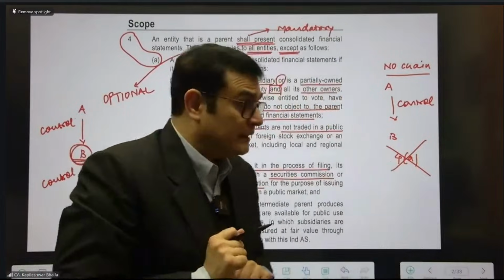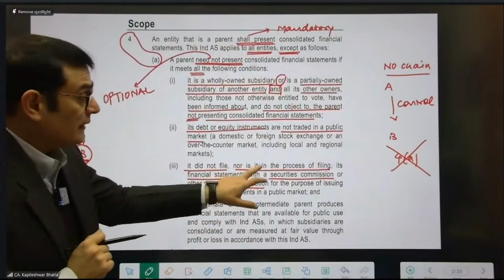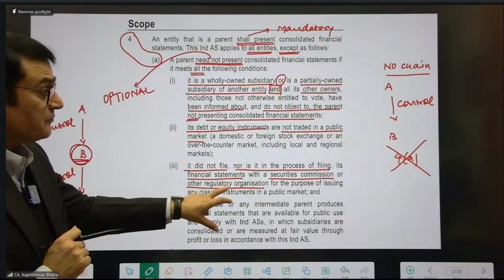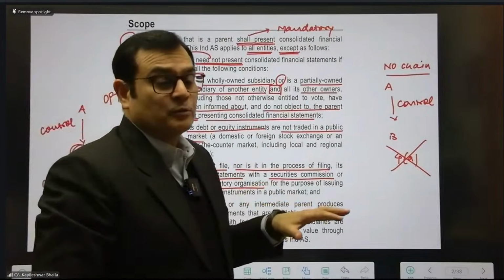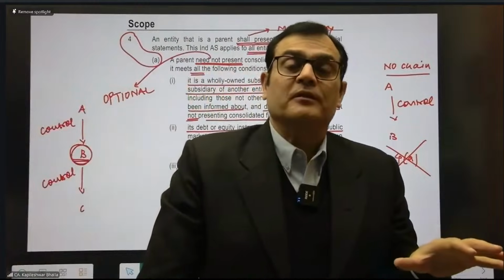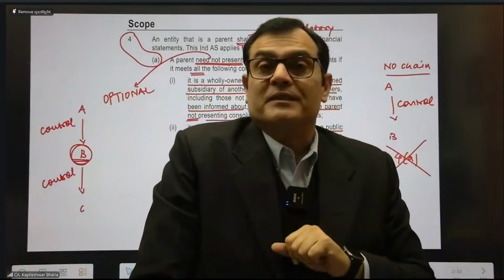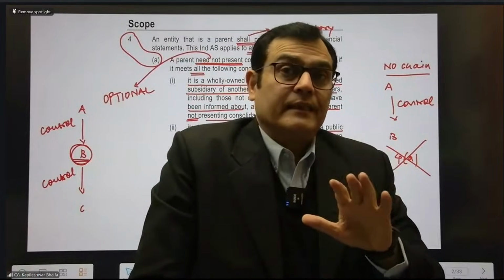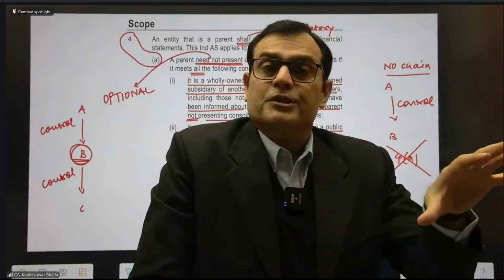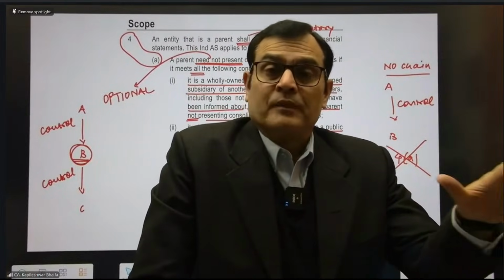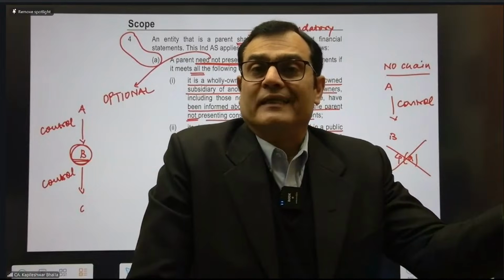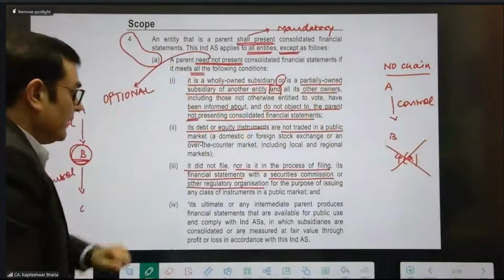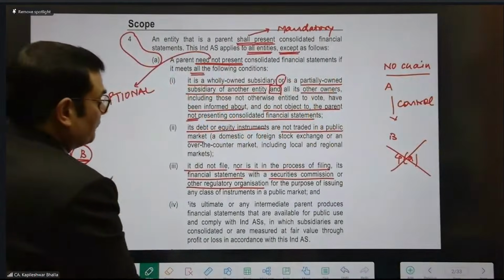Because if you're planning to come out with a public issue, filing the financial statements with SEBI would become a mandate. So they decided to go very safe. B is not listed, that's 1. B is not in the process of getting listed, number 3. Simple and straight.